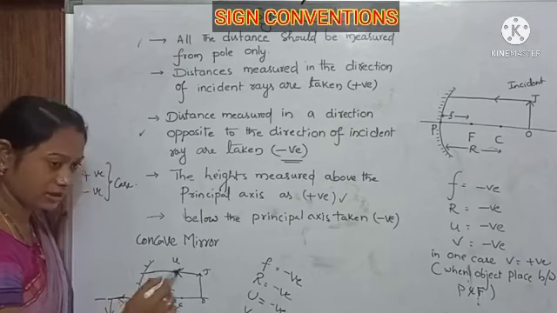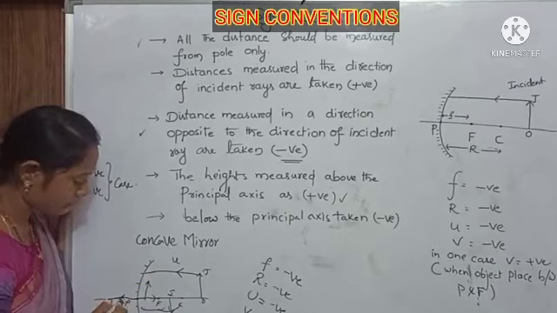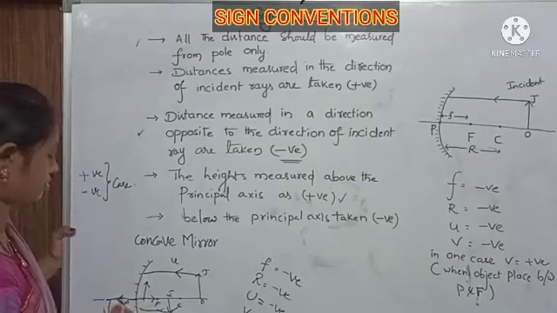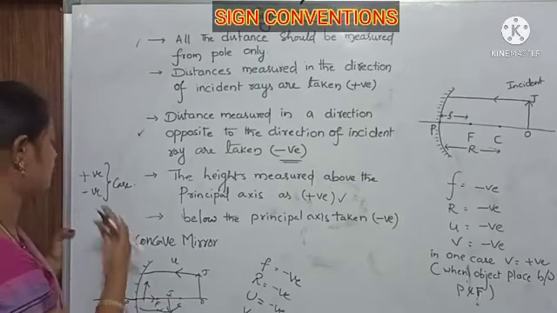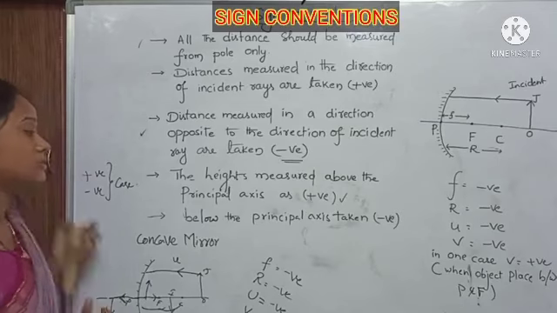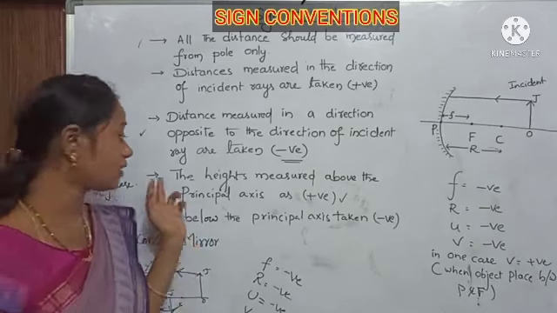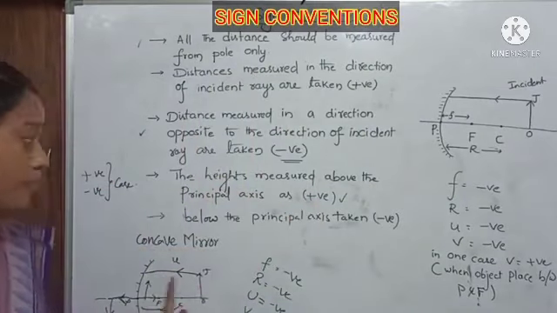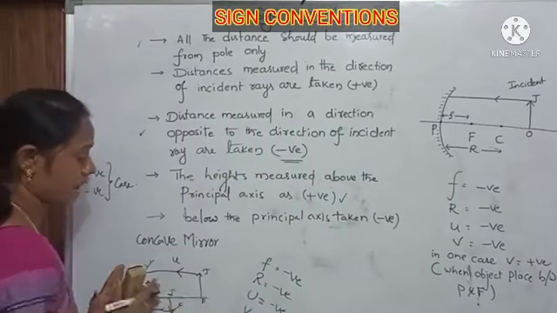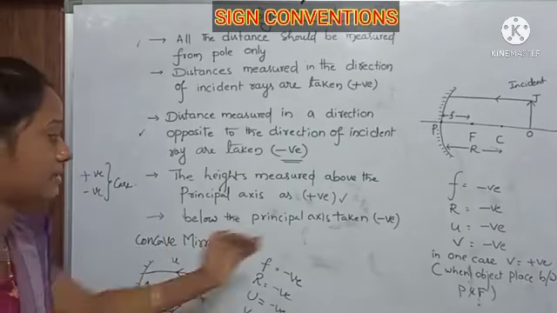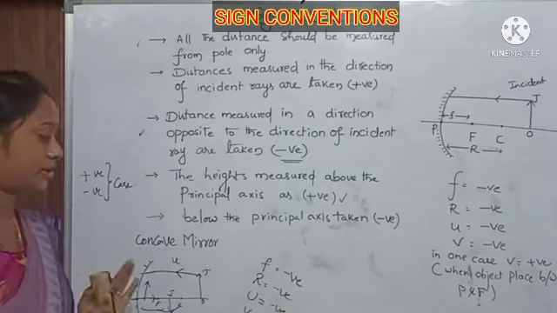Here the incident ray and the measurement of the image are in the same direction, so it is positive. Got it? The heights measured above the principal axis are positive, and below the principal axis are negative.